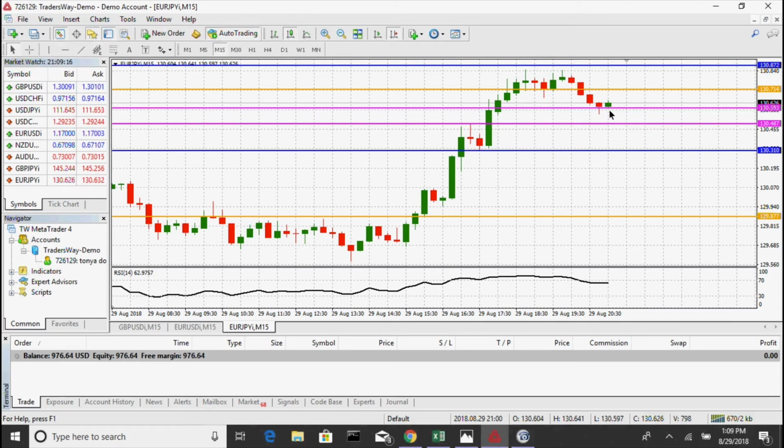Let's see. I would set my take profit at, let me see. Hold on a second. Let me look. Set my take profit here at 130.486. It's about 9 pips.